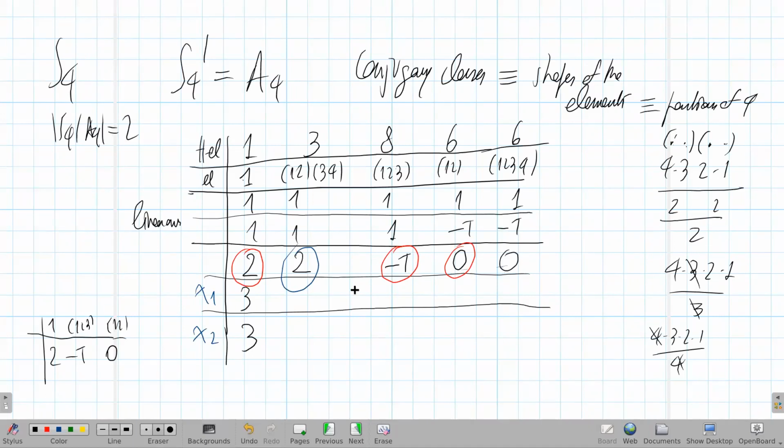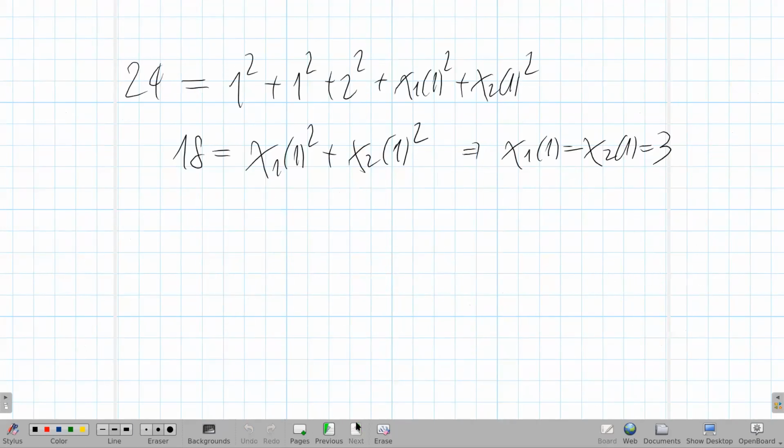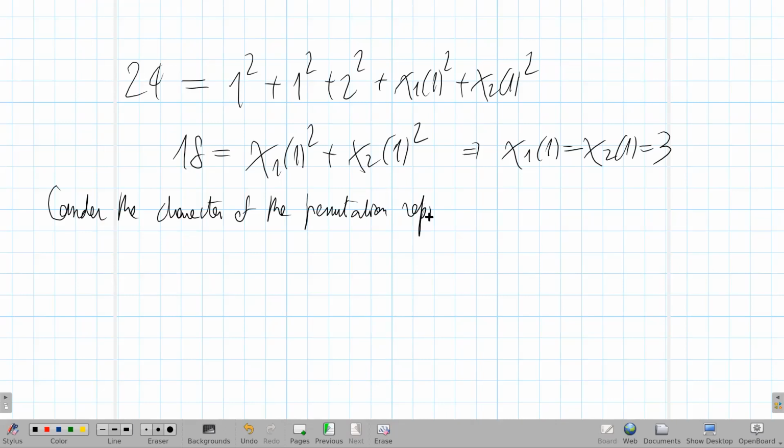Well, one of them will be easy to compute, and it will be the one coming from the permutation representation. So consider the character of the natural permutation representation of S4 on omega, which is {1, 2, 3, 4}.